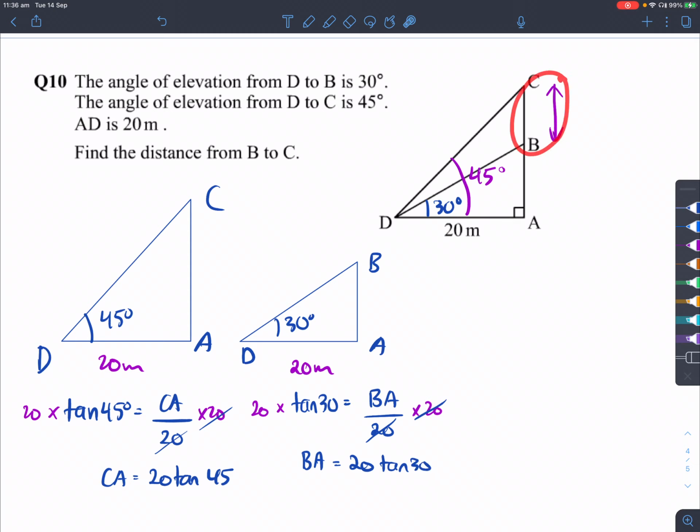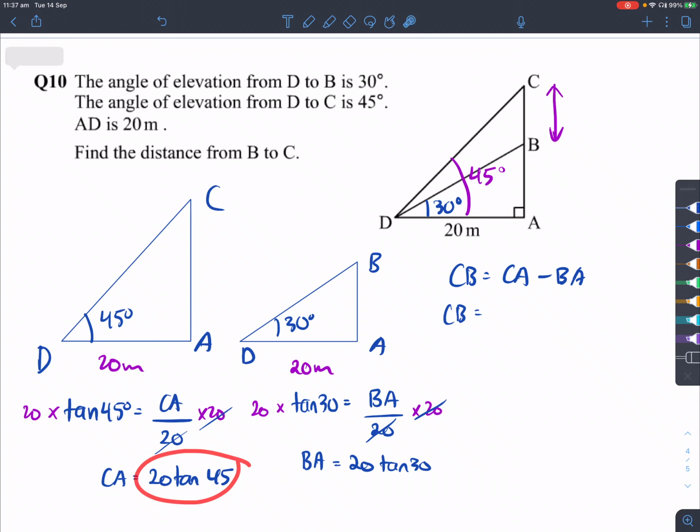Now, if you want to find CB, we've got to write the statement. CB is CA, which is this whole edge, but we don't want this bit. So we get this length minus this length, and that will give you this length. So basically it's CA, the whole entire edge, minus BA, the smaller edge. So we've got those two quantities here.